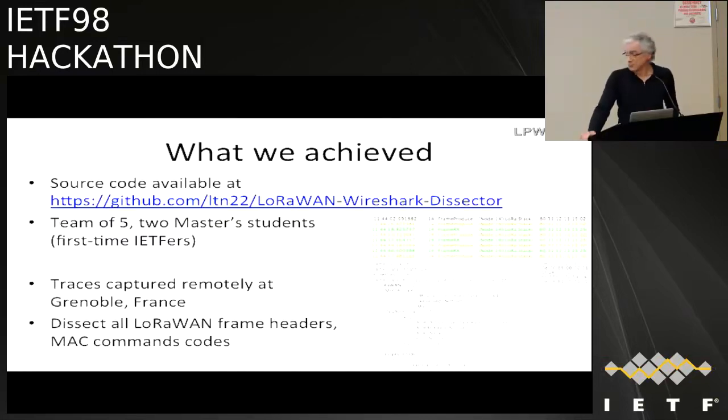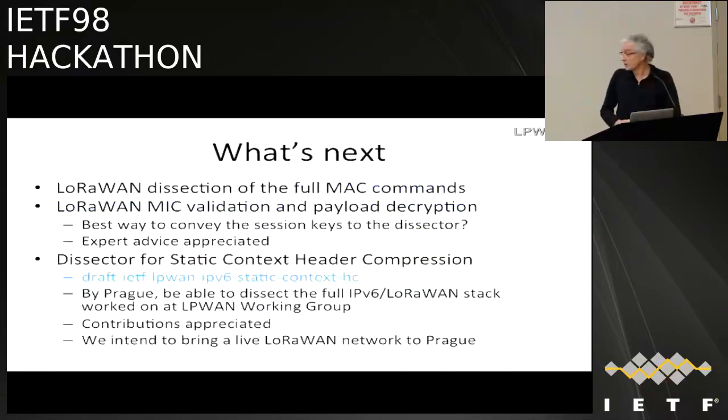And we managed to dissect all LoRaWAN frame headers, all the MAC command codes, all the stuff, the network telling the device to change frequency, change modulation, etc. So that's what we achieved, and what's left for future work is to fully dissect all the commands, not just command codes, but all the options, all the parameters.